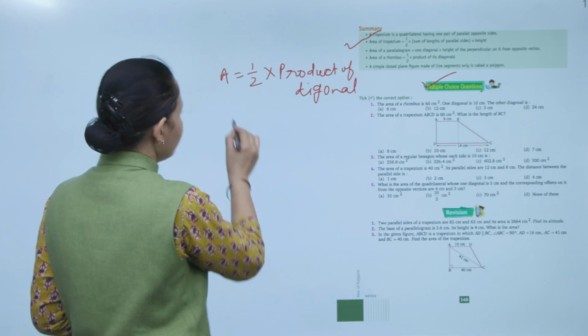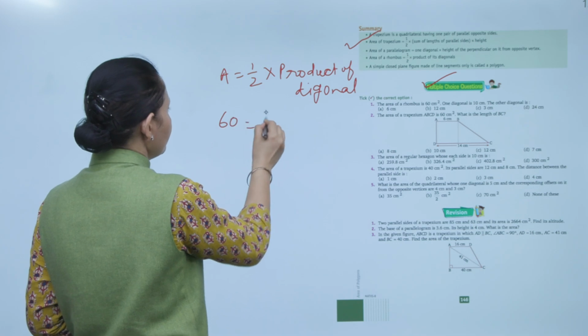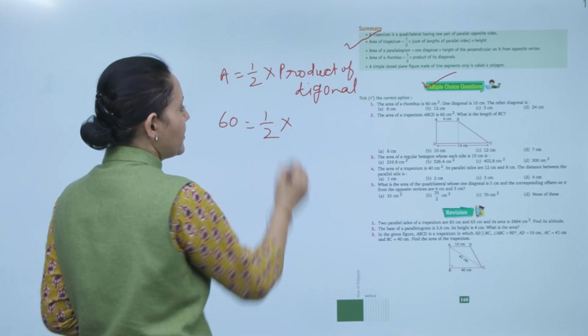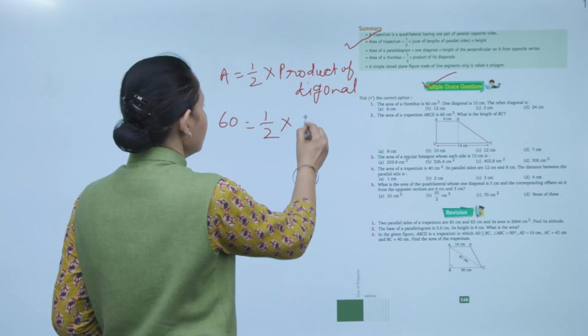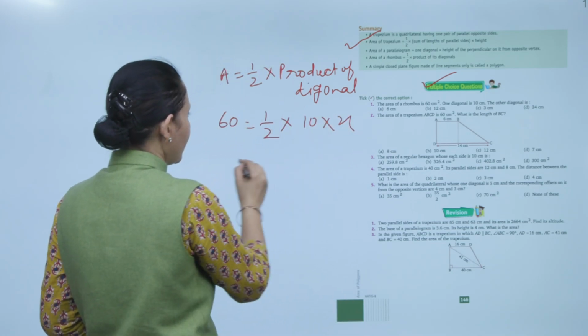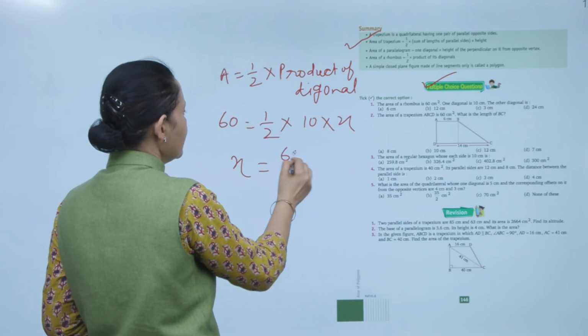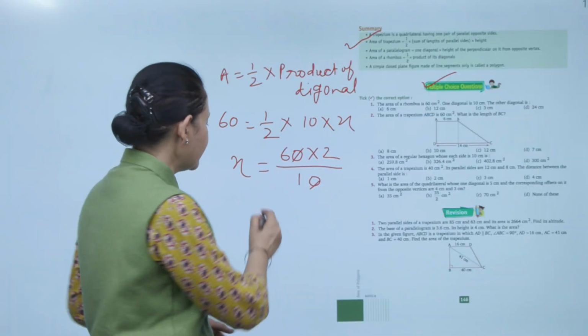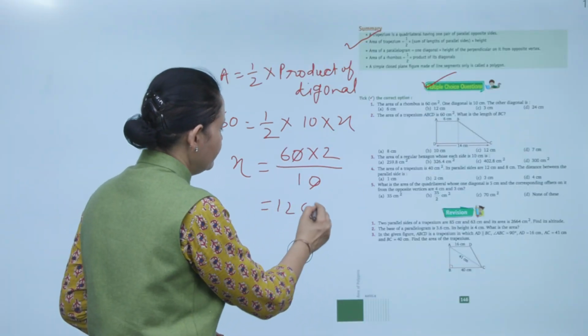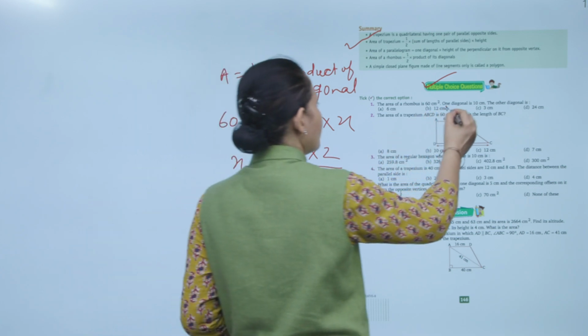The area is given, that is 60, equal to 1 by 2 multiplied by one of the diagonals given here, 10 centimeter, into x. So x equals 60 into 2 upon 10, that is equal to 12 centimeter. So B is the correct option here.